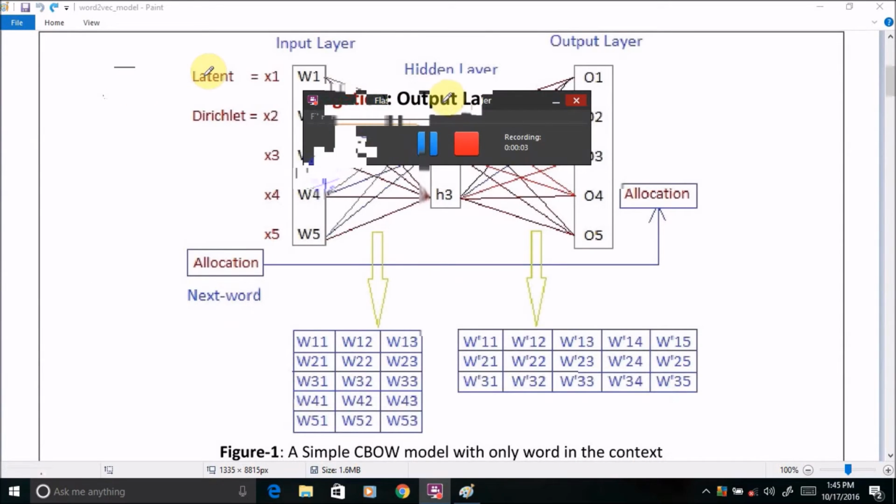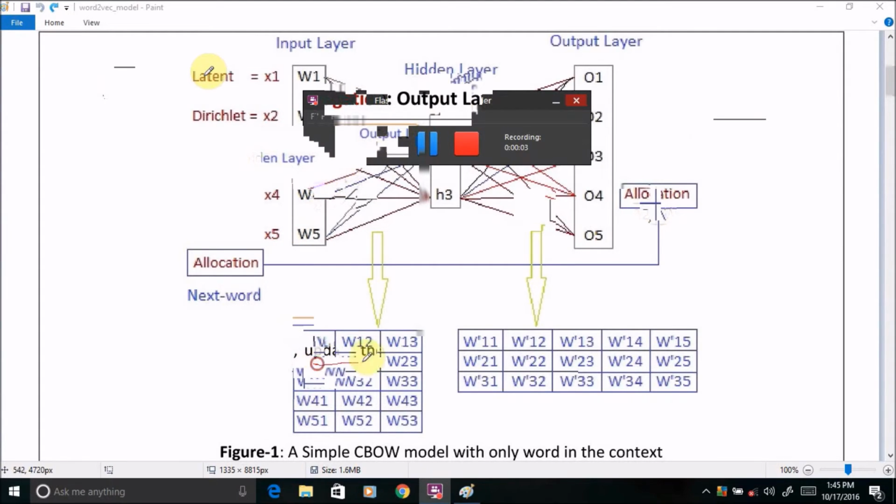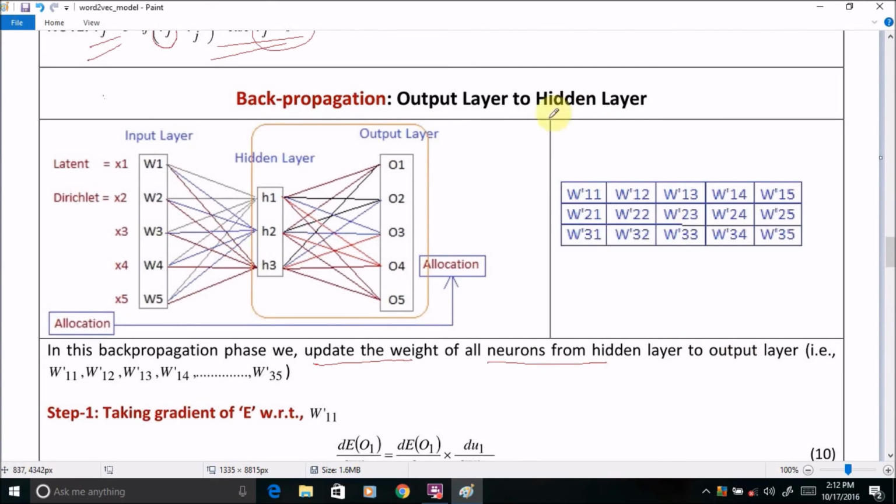Now let us start the backpropagation from the output layer to the hidden layer. The main aim of this backpropagation is to update the weights of all neurons from the hidden layer to the output layer, that is W'11, W'12, W'13, W'14 and W'35.